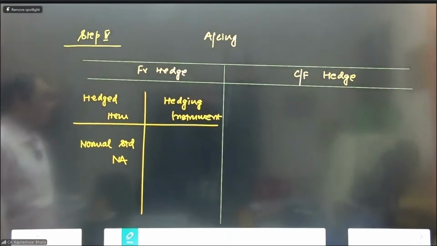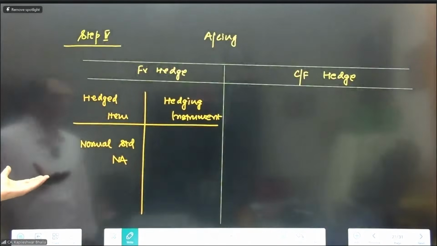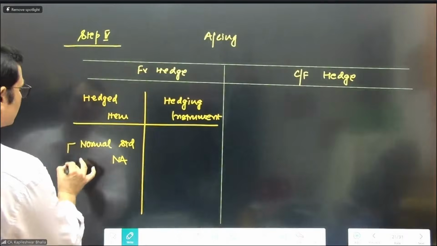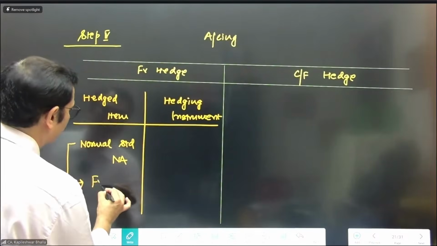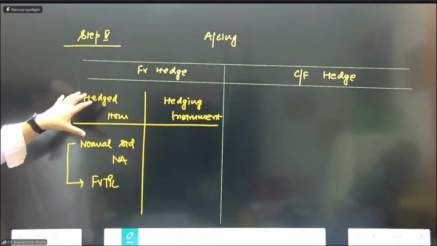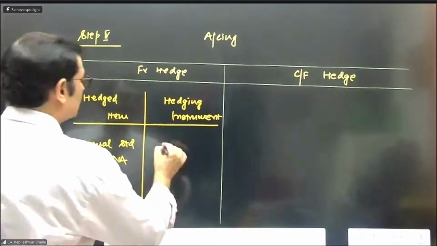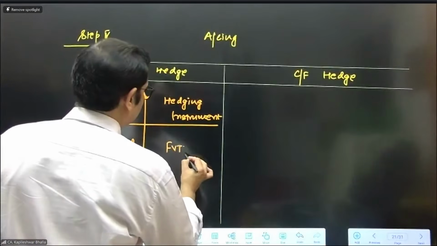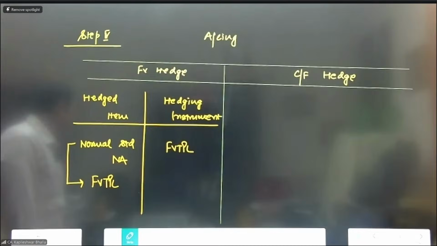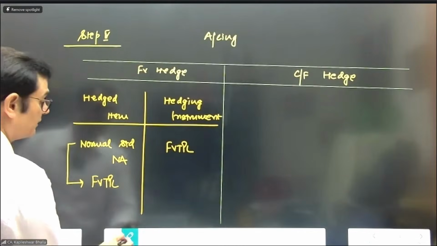So if inventory is the hedged item, we don't apply IS2. If PPE is the hedged item, we don't apply IS16. The normal standards are not applicable, but we need to apply the concept of fair value through P&L. Any changes in the fair value of the hedged item enters the P&L. Even in terms of the hedging instrument, it is FVTPL. The derivative is accounted at fair value through P&L, so any changes in the fair value are captured in the P&L.